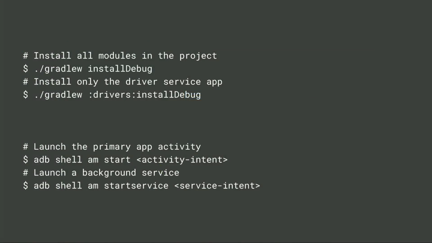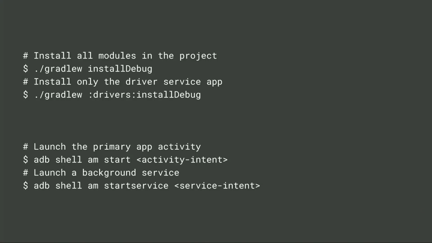You can also do this from the command line, and one of the advantages of doing it this way is that Android Studio does require that you deploy only one module at a time by selecting that module from the run configuration list in the UI. So if you have an application that's constructed of 4 or 5 different modules, all as individual APKs, it can be a bit cumbersome if you have to try and deploy them all individually all the time.